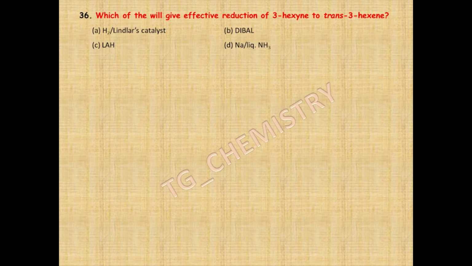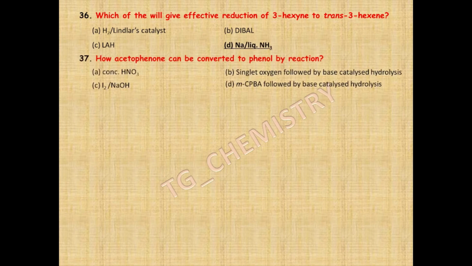Now here the question is the other one, how from 3-hexyne we can obtain the trans 3-hexene, that is the trans isomer. Options are A, H2 Lindlar's catalyst, B, DIBAL, C, LAH, that is lithium aluminum hydride, and option D, sodium in liquid ammonia. Now option D should be the right answer for this question.